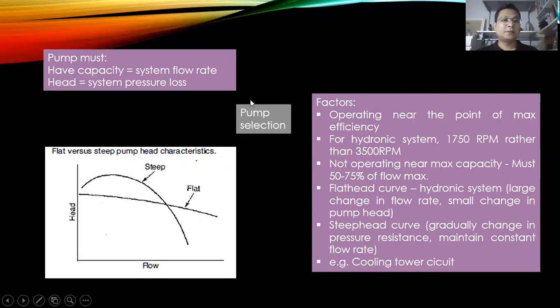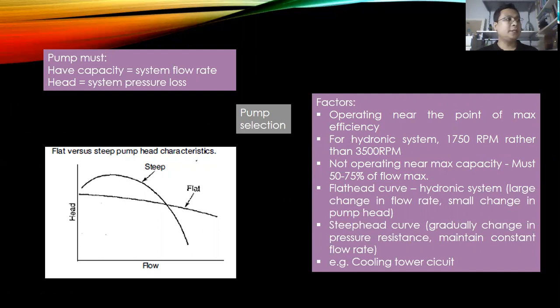Okay, how to select a pump? As mentioned before, because we are in a 50 hertz country, we will get this performance at this RPM of the pump, operating near the point of maximum efficiency.